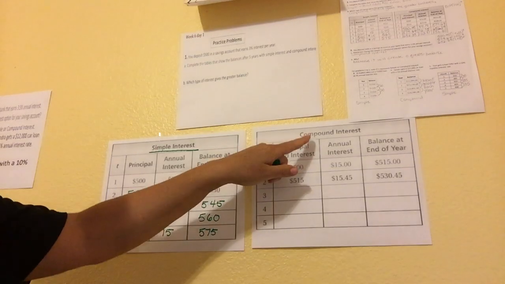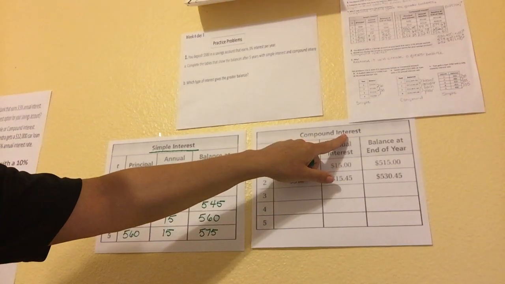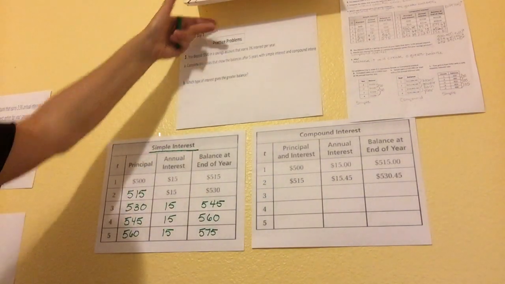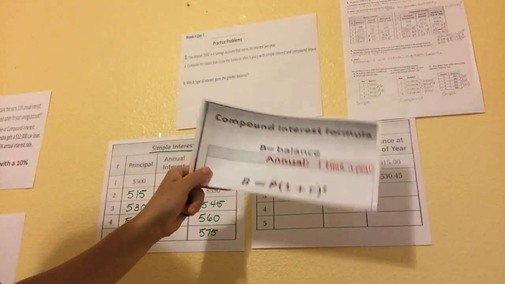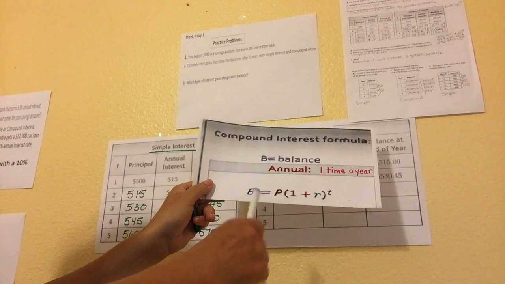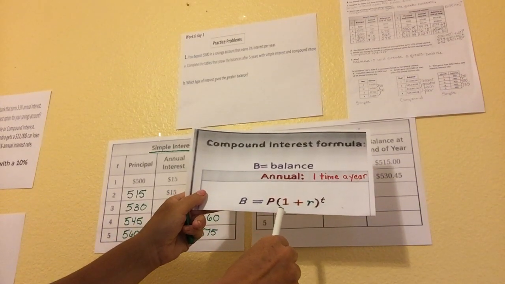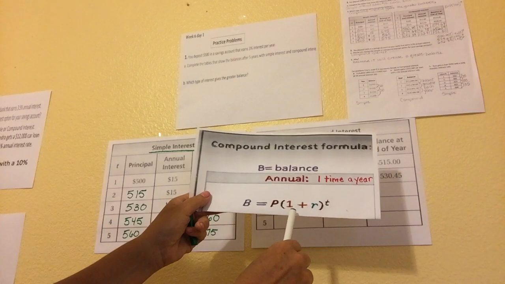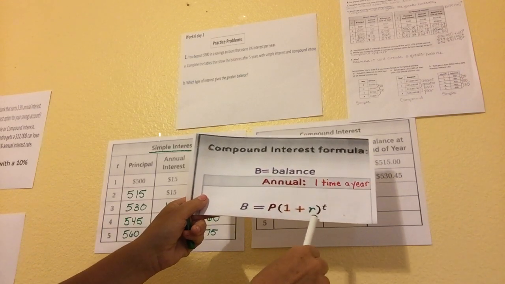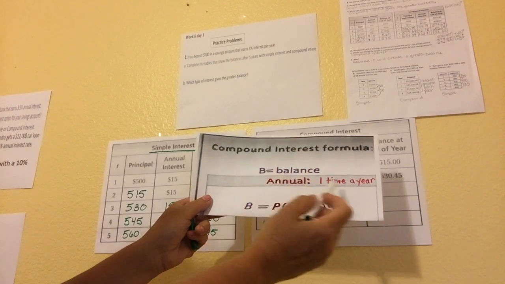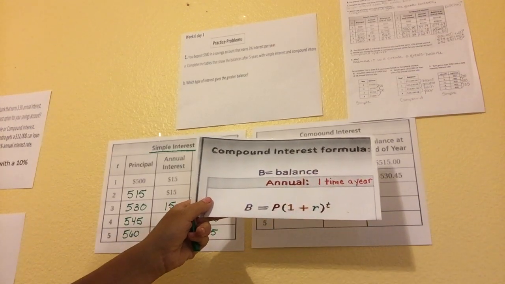Okay, now we're going to look at compound interest. Compound interest is different, okay? It has a different formula, okay? So the formula is right here, okay? So you have your principal, parentheses, 1 plus, this is your interest rate, and then time. For this one, it's just annual, one time per year.